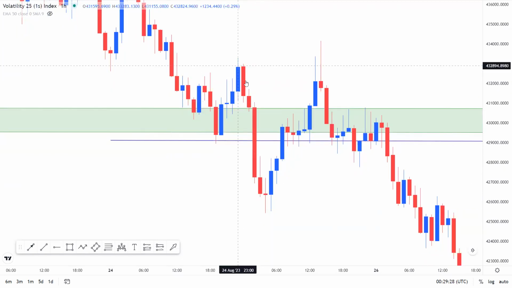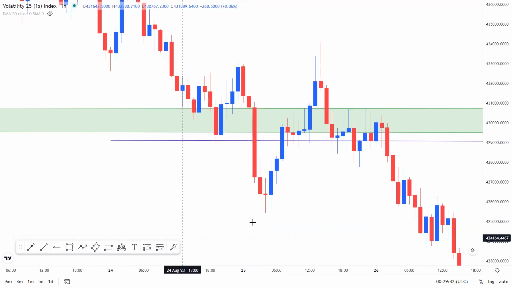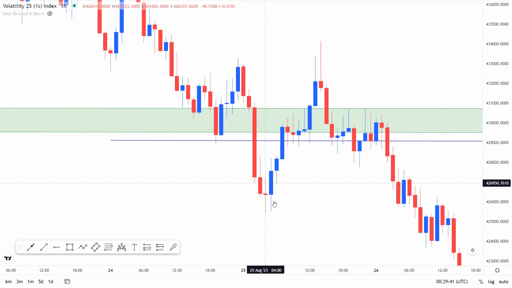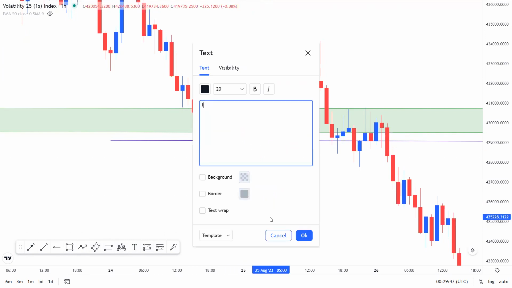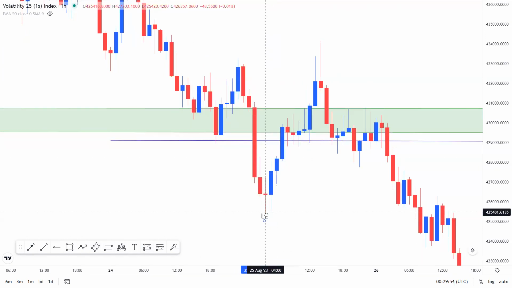As you can see, this impulsive movement right about here, breaking below a previous low, forming a lower low. So I have that being a lower low. And then we have a lower high right about here.